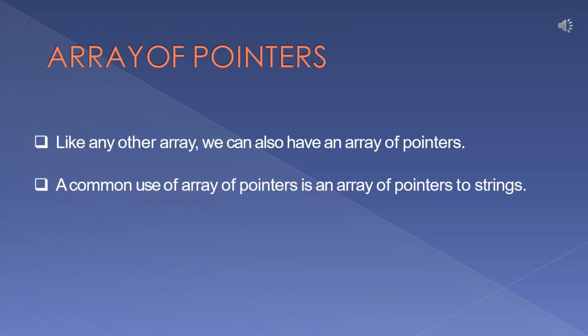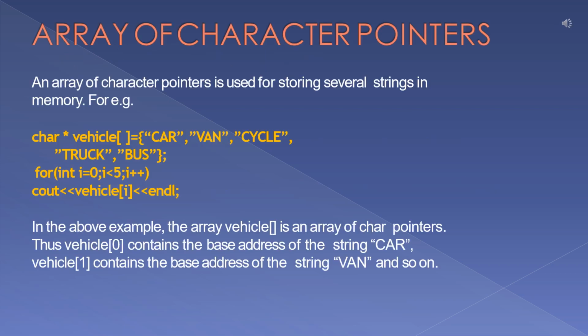Next you have array of pointers. Like the other variables, you had integer array, character array, floating array, structure arrays. In the same way you can have array of pointers. Mostly it is used for storing two-dimensional arrays. Suppose you have a string array, so you require an array of strings.